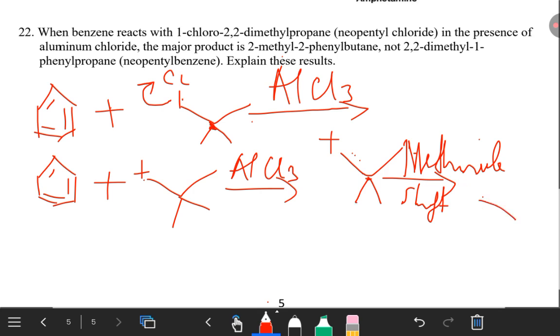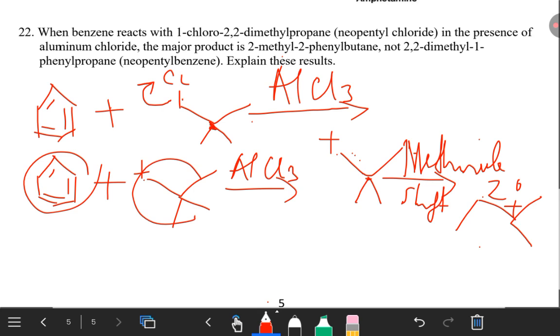This methyl will come to that point, then we are going to remain with this, with the carbocation there. So this is a methanide shift. Then this secondary carbocation is the one we are going to use to react with benzene, not the primary, because the primary is not what we want to produce.